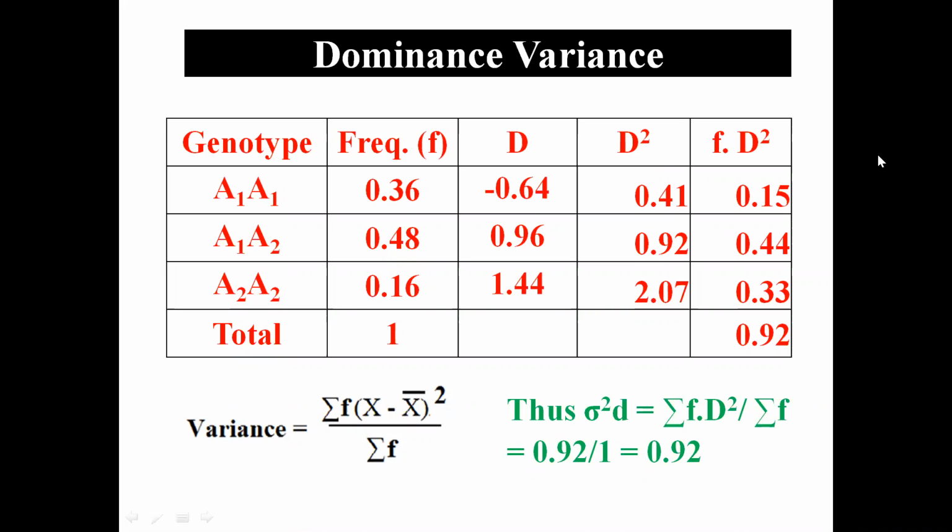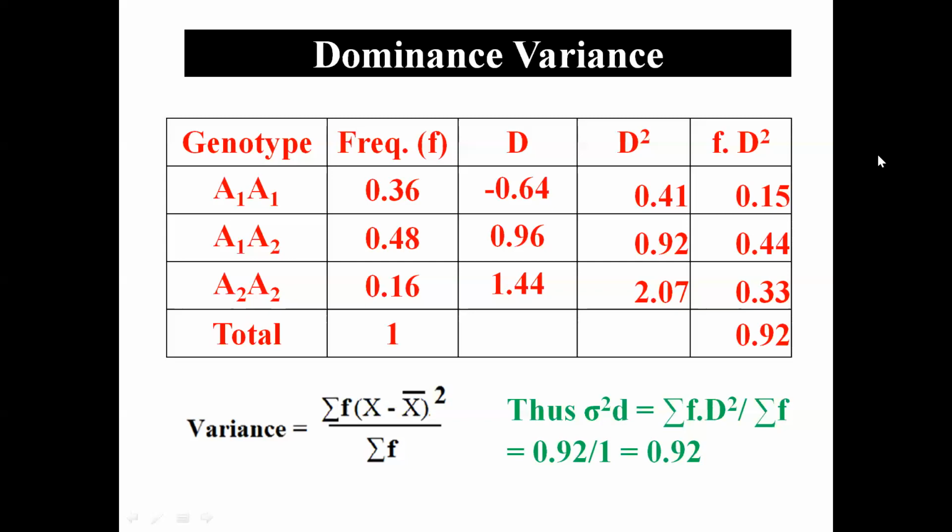The basic formula remains the same, sigma f (x minus x bar) whole square divided by sigma f. Here again I want to say that this D is just equivalent to x minus x bar, because our deviation is already mentioned as deviation from population mean.